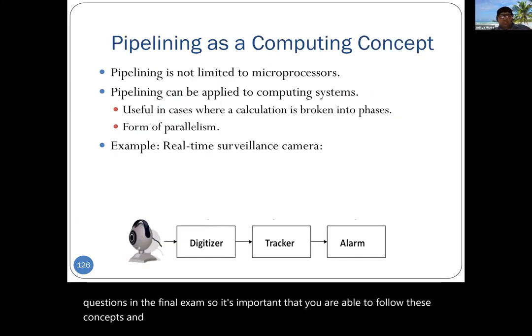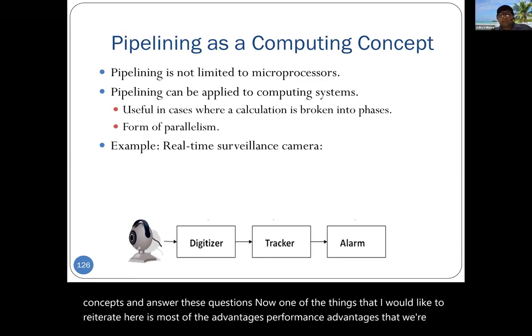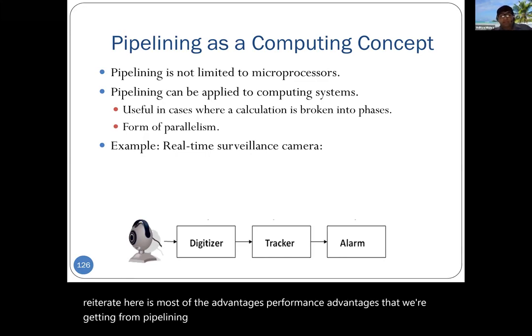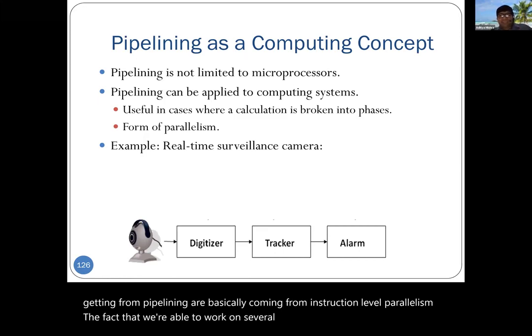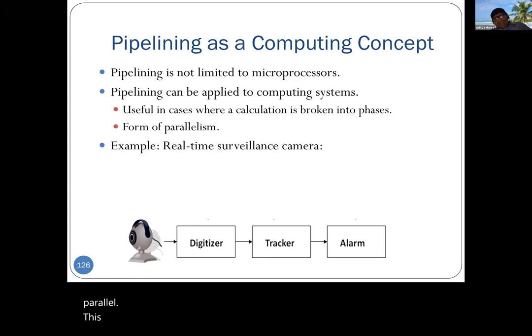Now, one of the things that I would like to reiterate here is most of the performance advantages that we are getting from pipelining are basically coming from instruction level parallelism. The fact that we are able to work on several instructions simultaneously in parallel, this basically boosts the overall throughput of the pipeline. Now here is something that could help you in the exam if you blank out, right?